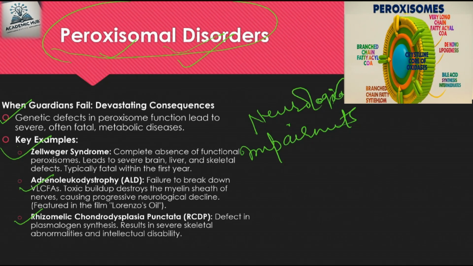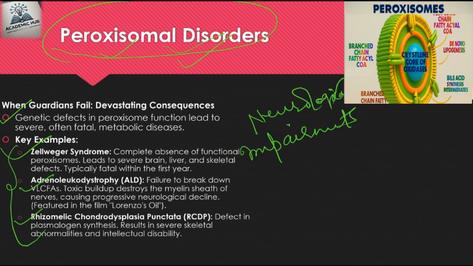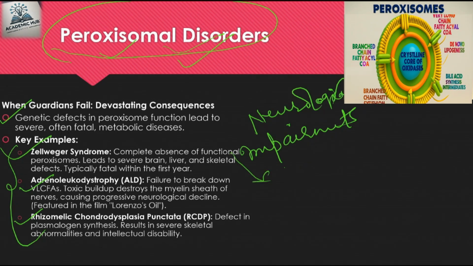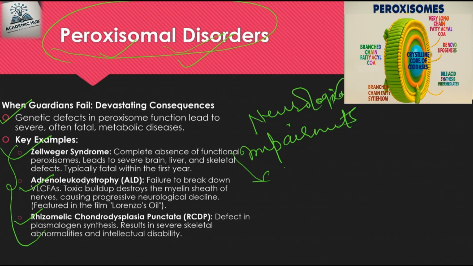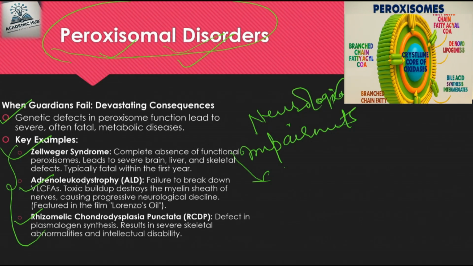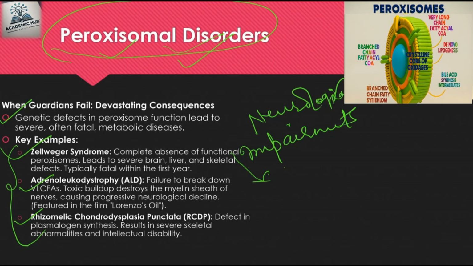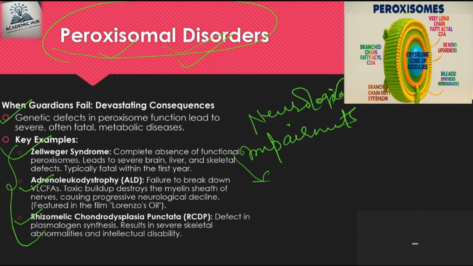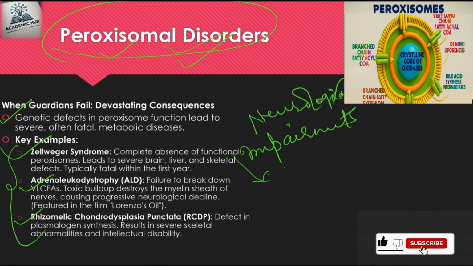These are the three disorders which we have to discuss. So, first is Zellweger syndrome. This is a rare and devastating genetic condition characterized by the complete absence or dysfunction of functional peroxisomes.